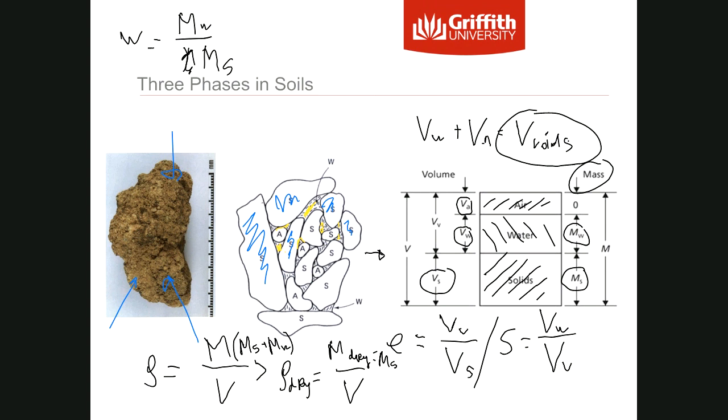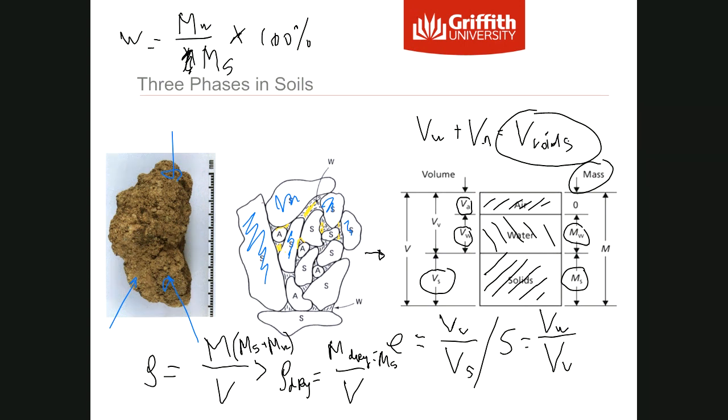So s means solids, not soil. Mass of water and mass of solids. For some soil like clay, you'll be surprised, but there is more water than solids in such material. So water content can actually be higher than 100%. So very often we use percentage, so multiply by 100%.